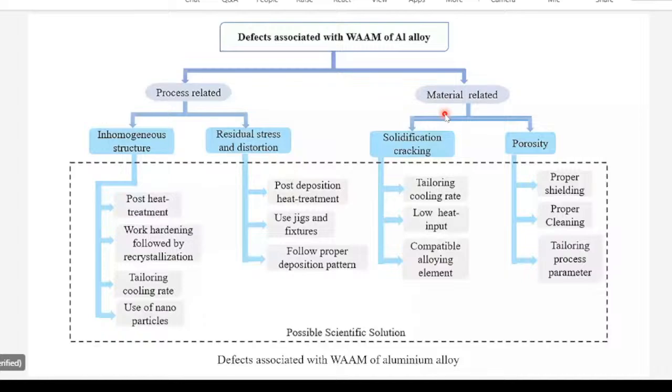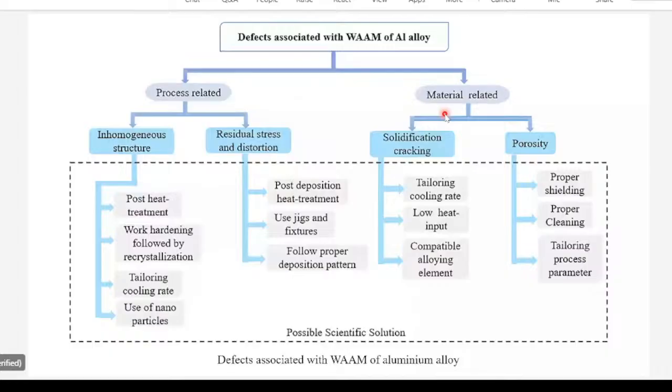The density will automatically reduce if voids are there or hydrogen embrittlement is there. So we have to take care in softer materials. That's why we have to give proper shielding, proper cleaning, and optimized process parameters. Then only can we reduce these porosity levels. This is the major problem.